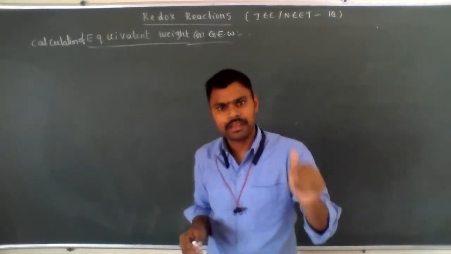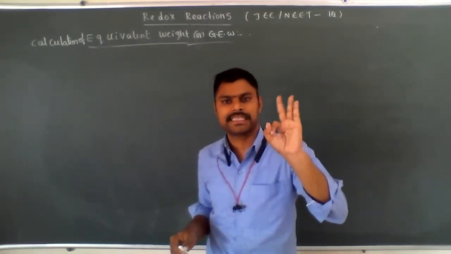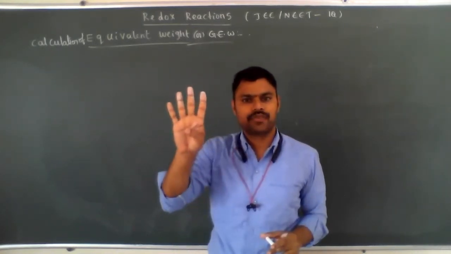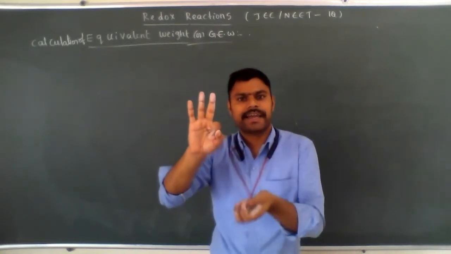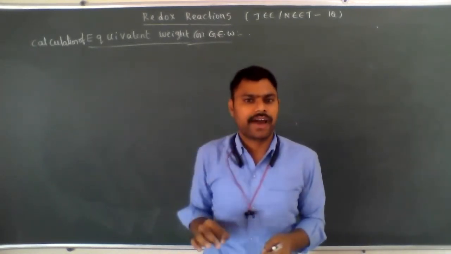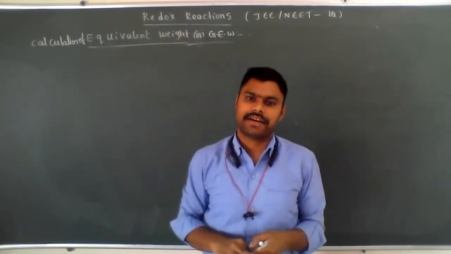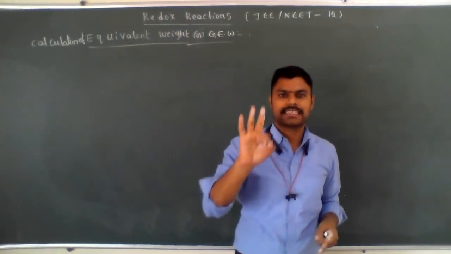So third group elements valence is 3. Their combining capacity is 3. Fourth group elements combining capacity is 4. Fifth group elements, the nitrogen family, need 3 electrons to get an octet electronic configuration. That's why fifth group elements valence is 3.